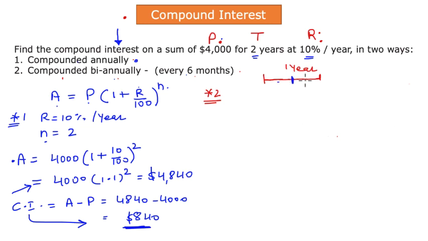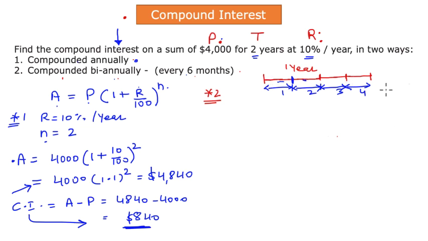So the 1 year is divided into 2 parts, and each part becomes a compounding interval, right? And then comes my next year right after this, and this year will also be divided into 2 parts, giving me 2 more compounding periods. So in total, I will have 1, 2, 3, 4 compounding periods, right?